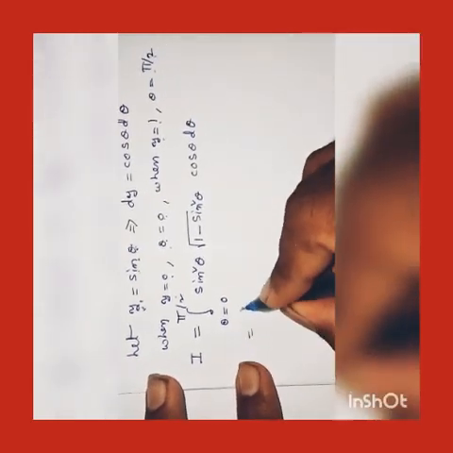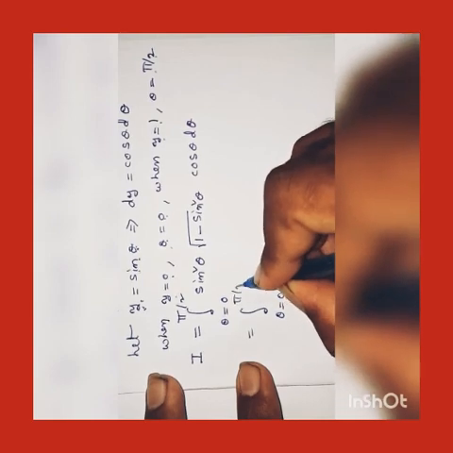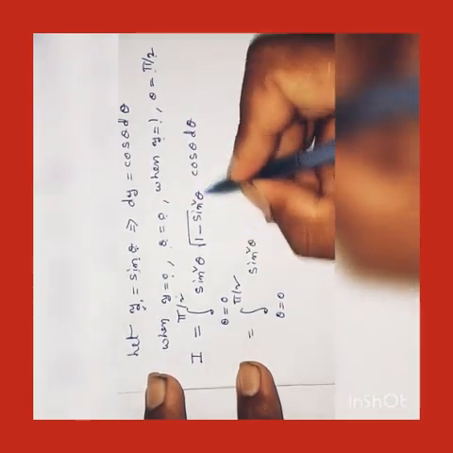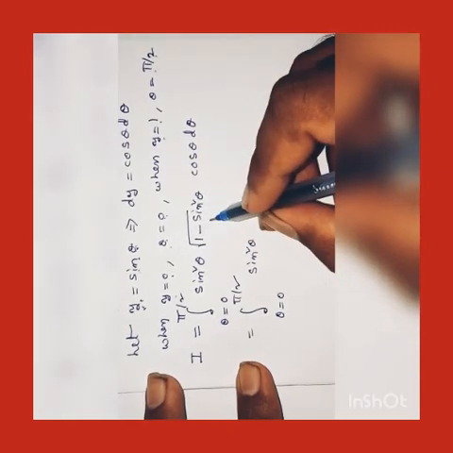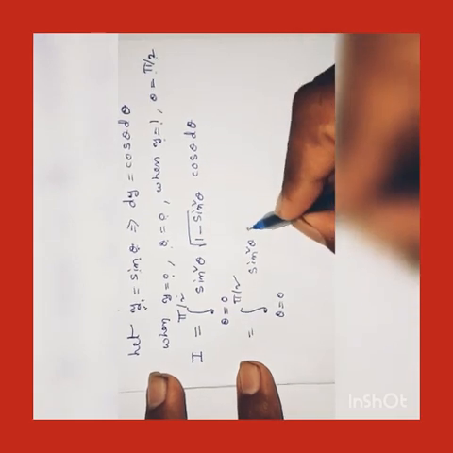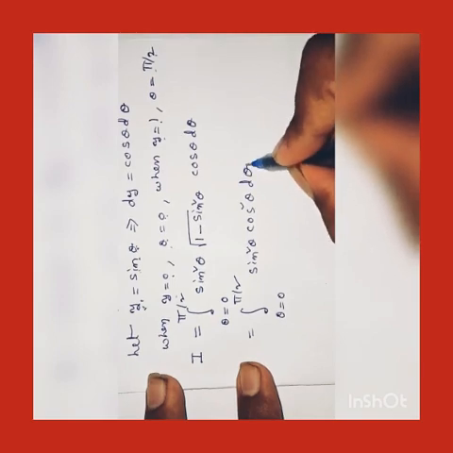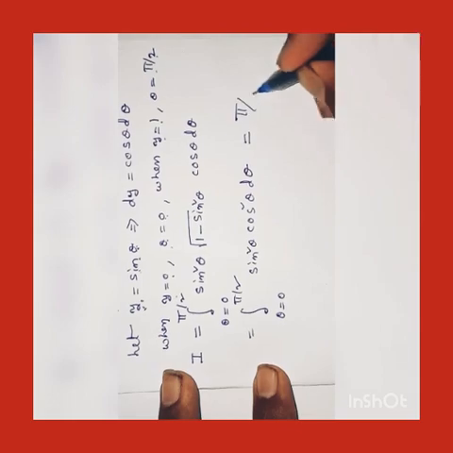That is, the integral from theta is equal to 0 to pi by 2 of sine square theta root over 1 minus sine square theta, that is root over cos square theta, that is cos theta. Cos theta into cos theta, cos square theta d theta. Okay, we know that this value is pi by 16.